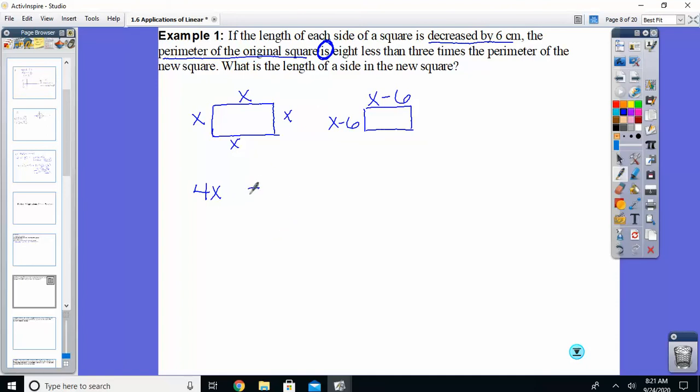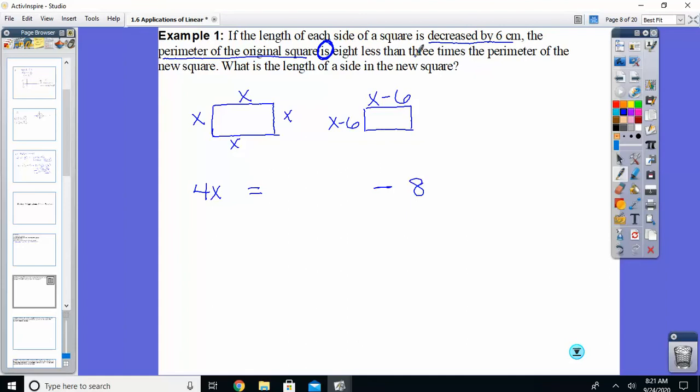Equals. 8 less than, so what does that mean? We're going to be subtracting 8 from something. Less than, decreased by, those mean it goes at the end. You're subtracting that off.